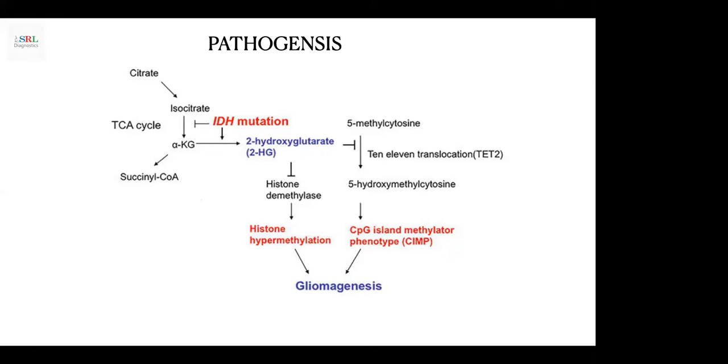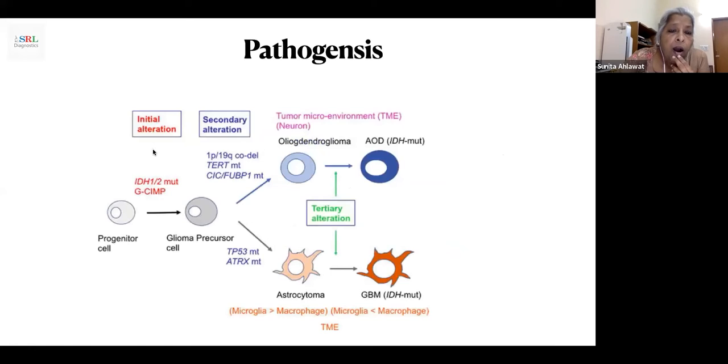So the initial alteration that happens in an IDH mutant glioma is the IDH mutation and production of these islands.